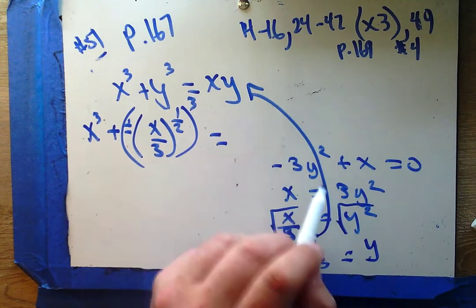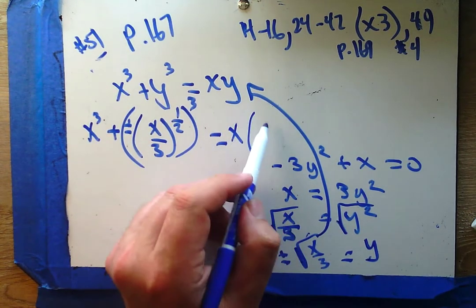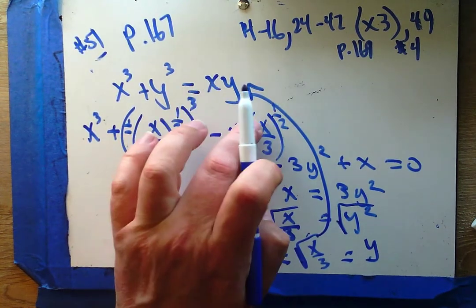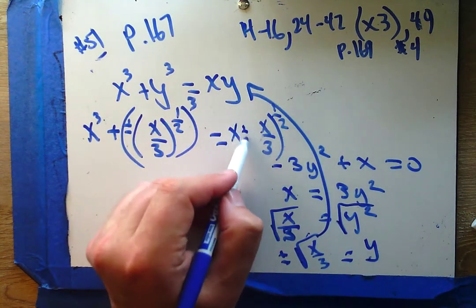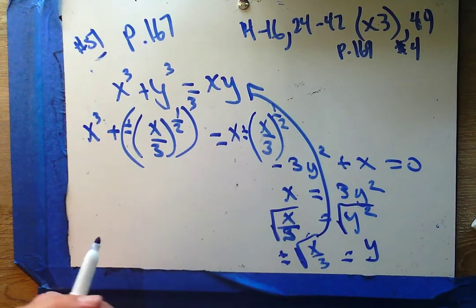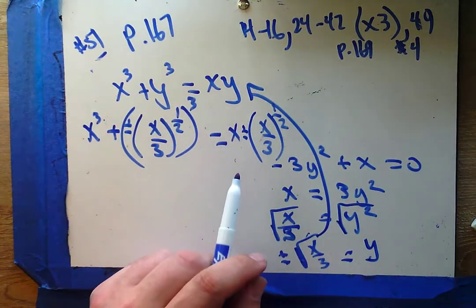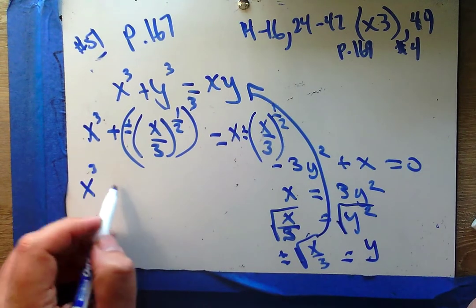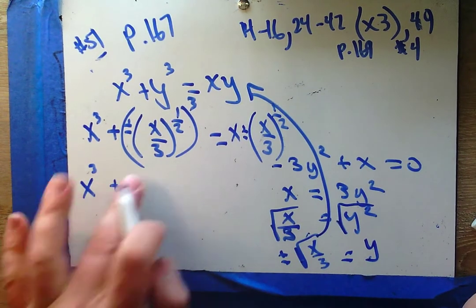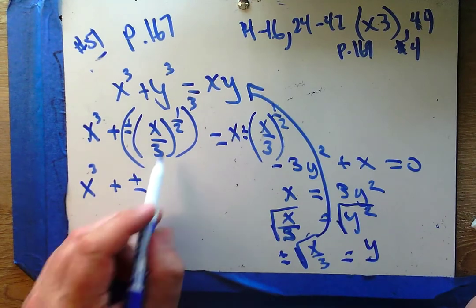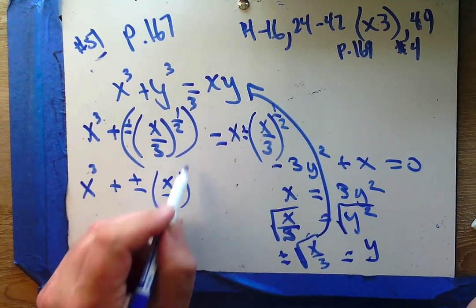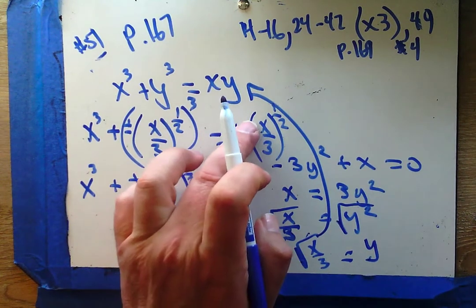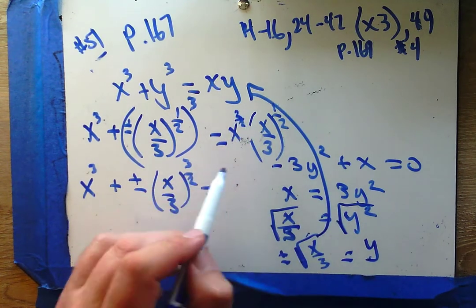Equals x times x over 3, plus and minus, to the 1/2. Oh, ugh. Can I solve this? I don't know. Oh, okay. Plus or minus x over 3 to the 3/2 equals, wait, that's 2 over 2.